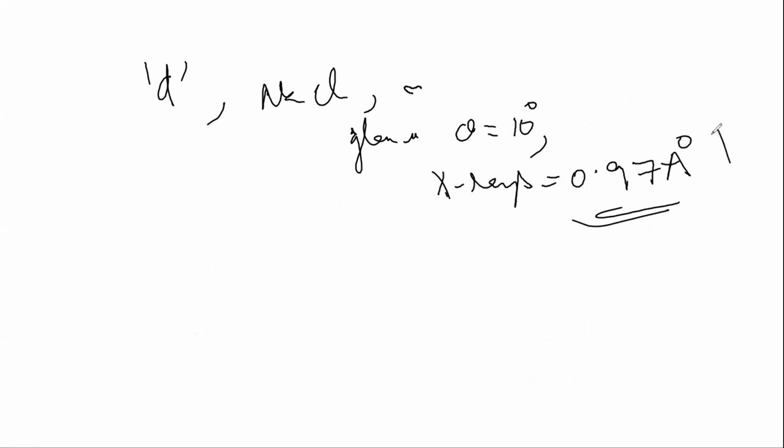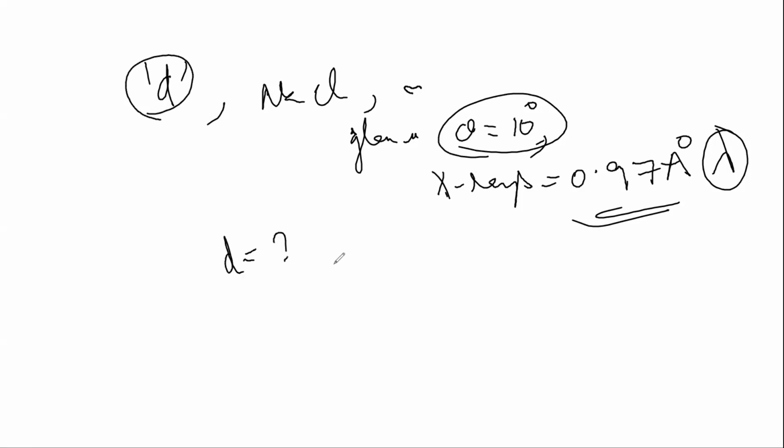So X-rays wavelength they have given you, lambda. This is theta, and you want to calculate D. Okay, you know now simply Bragg's law: 2d sine theta equal to n lambda.